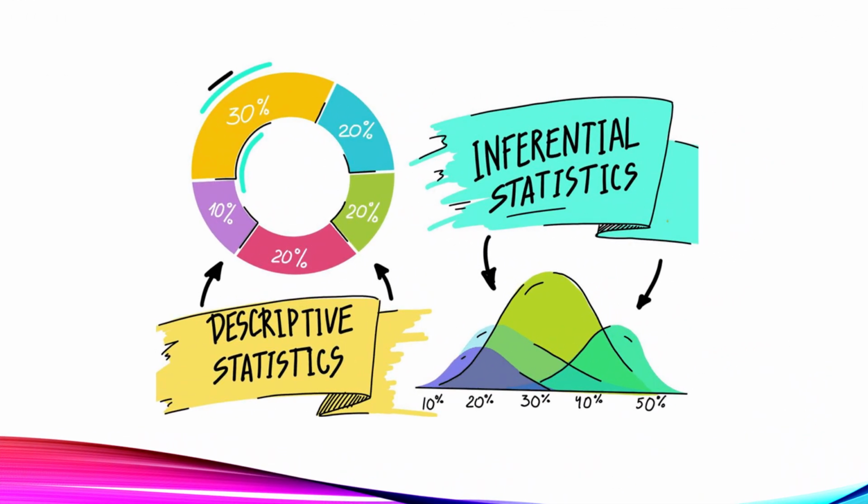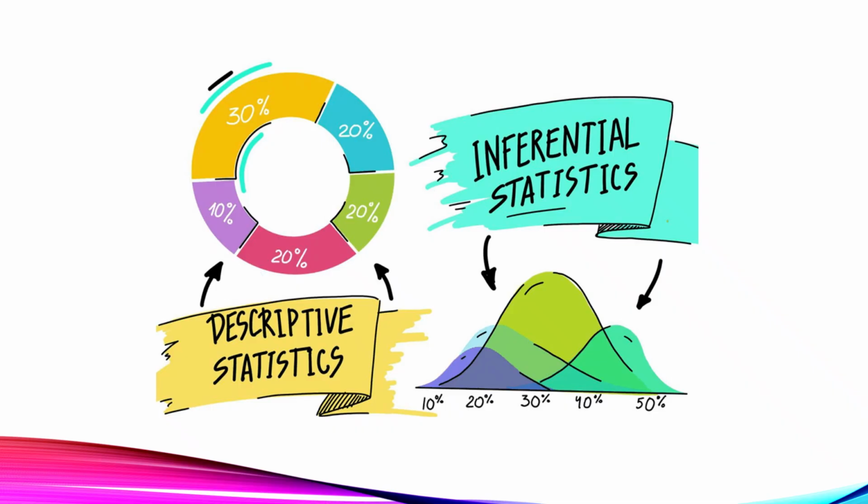Next, we are going to talk about the 2 different types of statistics. We have descriptive statistics and inferential statistics. Descriptive statistics is basically just describing the data. You cannot conclude anything, and you are not predicting anything. For example, here we have 30%, 20%, and so on. You can just describe which one is in the majority, but you cannot conclude anything from that information.